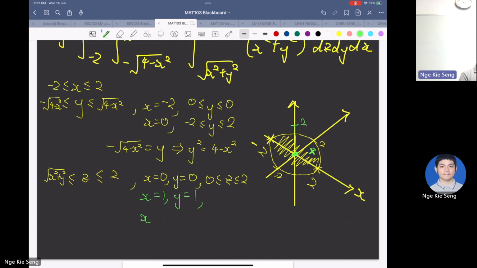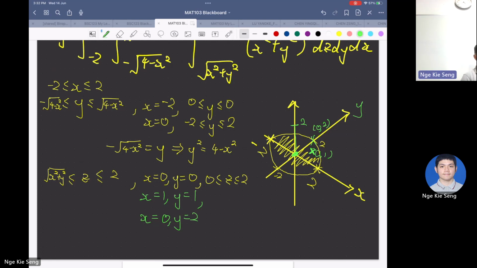What are the points on the boundary? 0 2. So where is 0 2? 0 2 is here. Okay, sure.